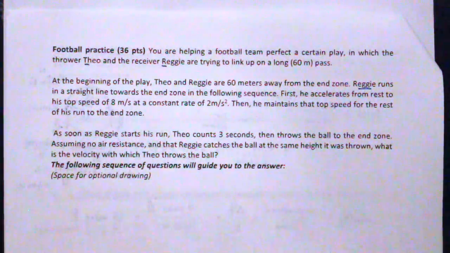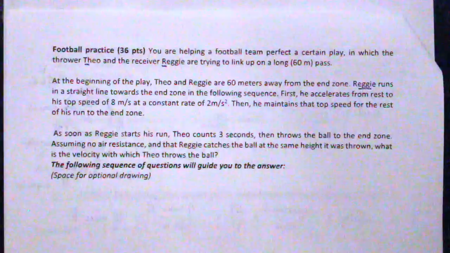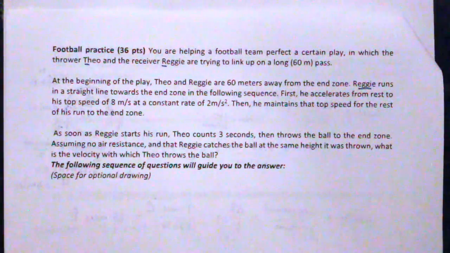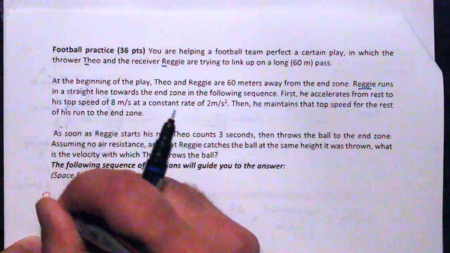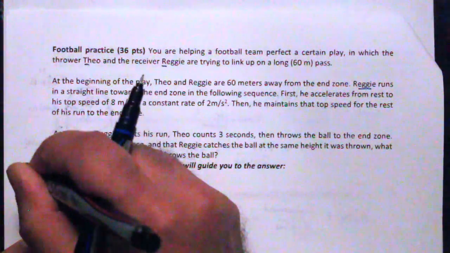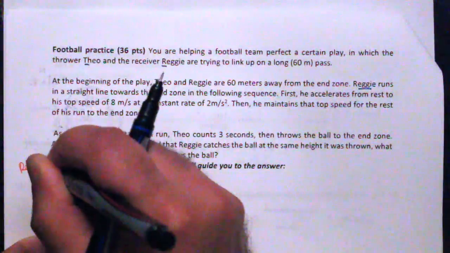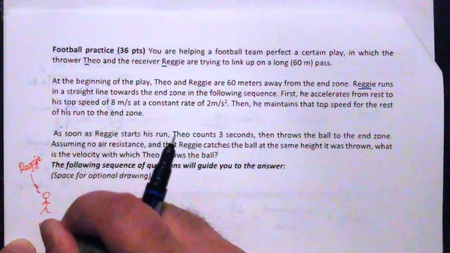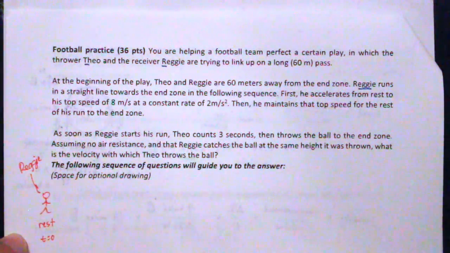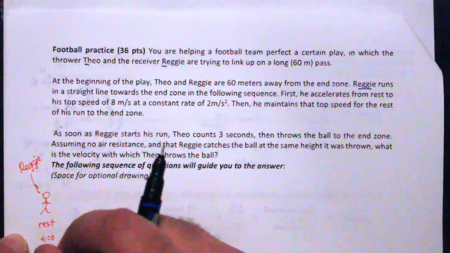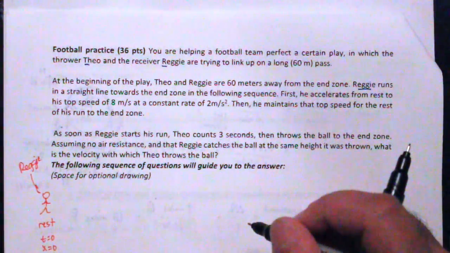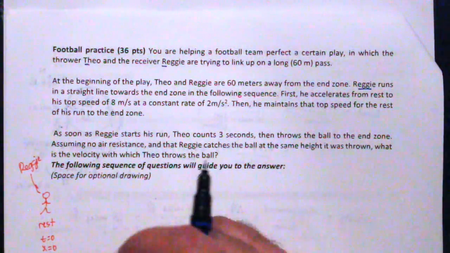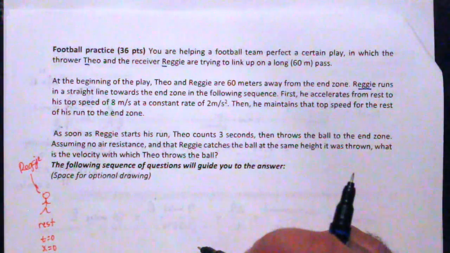So if I start with Reggie at rest right here, so this is Reggie, and he's standing at rest at t equals 0, and I'm going to call this point x equals 0, and then he's going to end up in the end zone at some point which is 60 meters away.